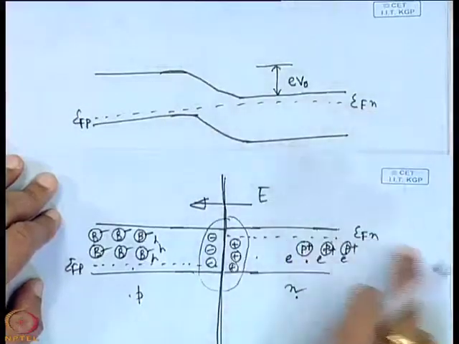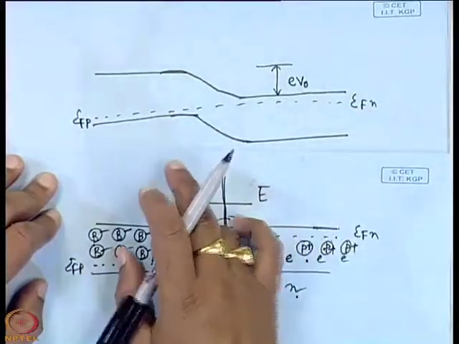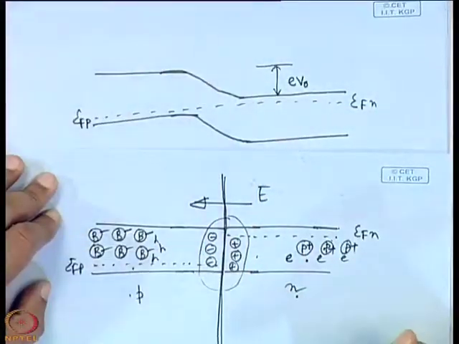Here the Fermi level is aligned, because if there is any discontinuity of the Fermi level, that means a change of energy is associated. But without doing any work, such change of energy is not possible. So, the Fermi level will align itself when it is in equilibrium. When is it in equilibrium?